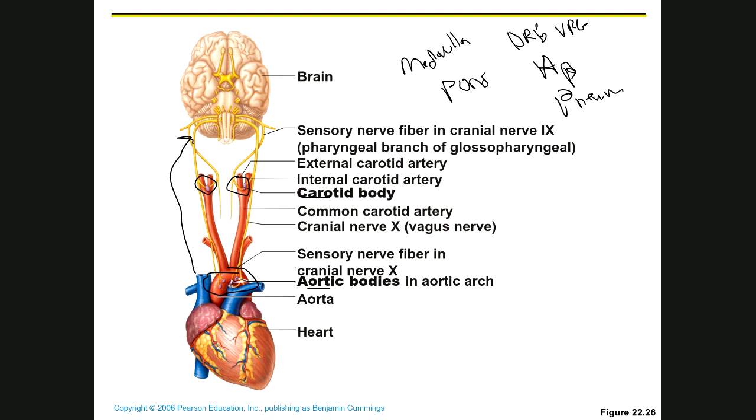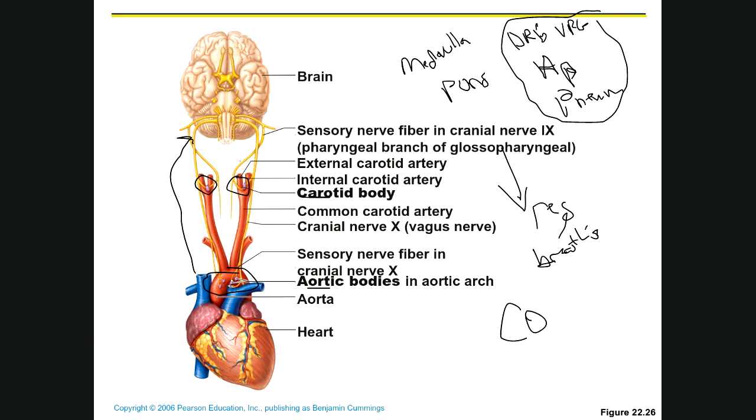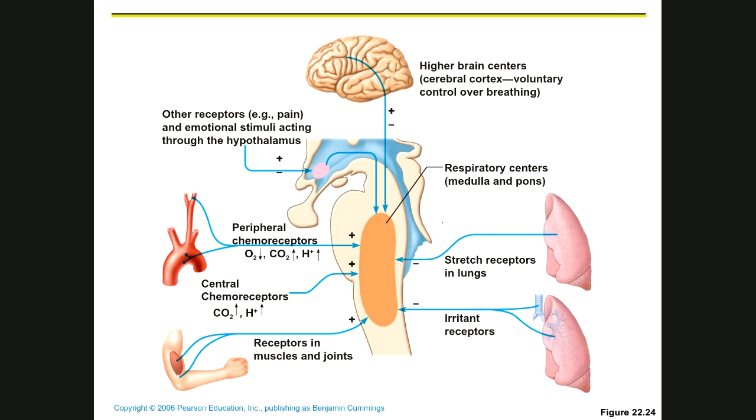And so these four centers then together are going to regulate breathing. But how fast and how slow they regulate it depends on carbon dioxide levels and, to a lesser degree, oxygen levels. Does it make sense? So, oxygen, carbon dioxide, and so on.